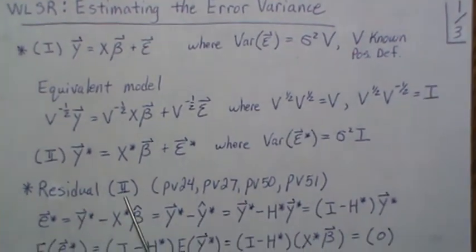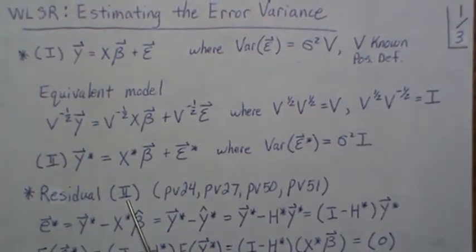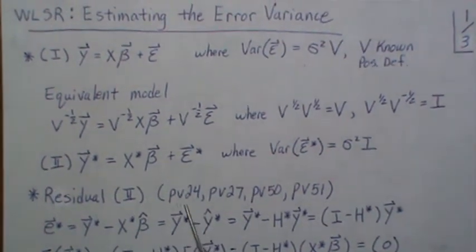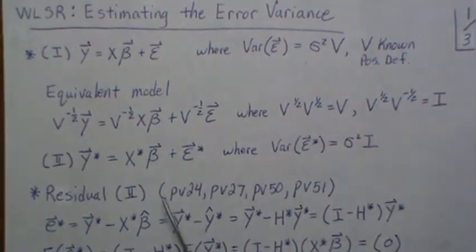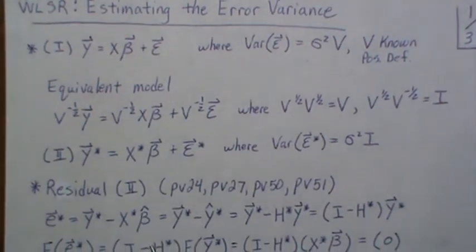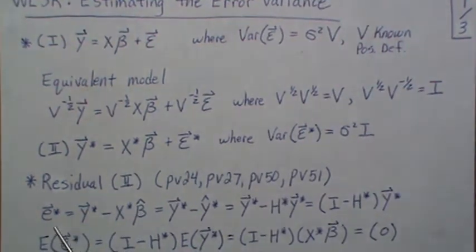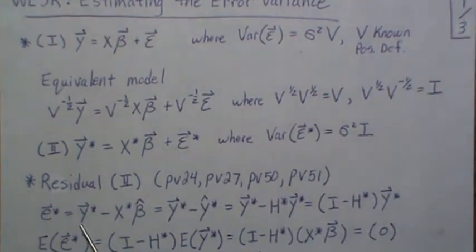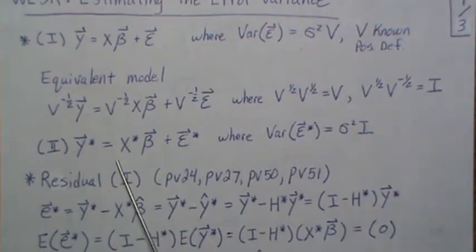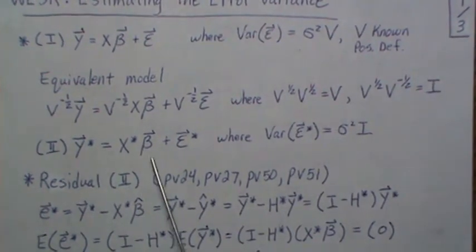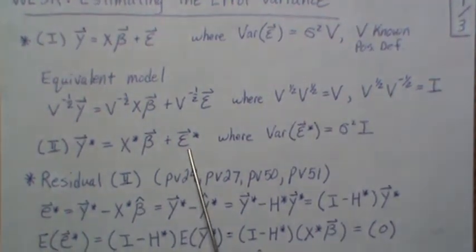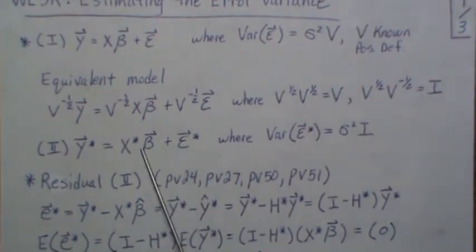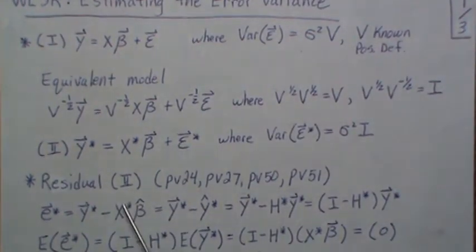So the residual in model 2, we'll work in model 2 first. I'd recommend previous videos 24, 27, 50, and 51 for background if it's needed for what we're getting ready to do. So the residual is essentially taking this to the other side of the equal sign, but instead of the error variance, which is a population setting, we're in the sample setting. So we need an estimate, x star beta hat, which is an estimate of this.